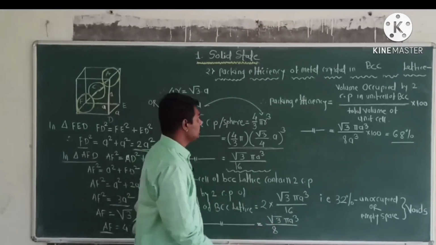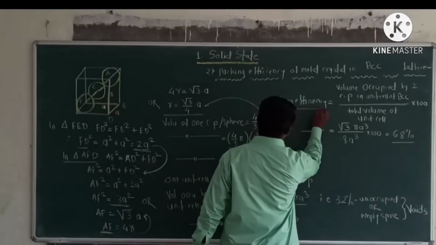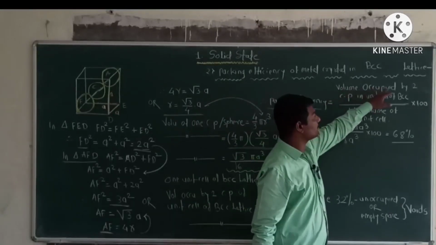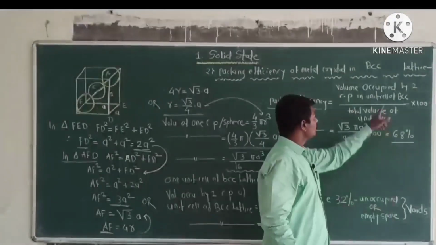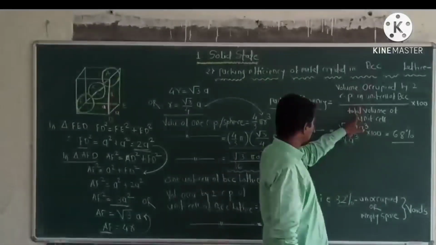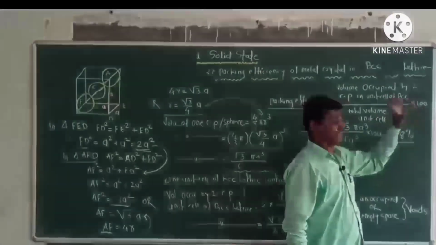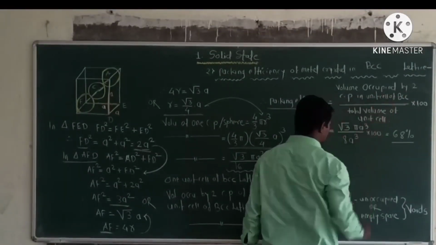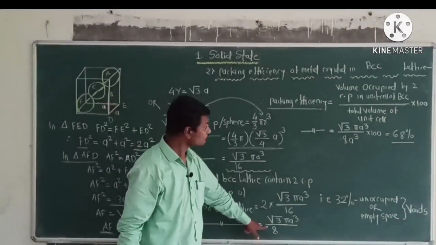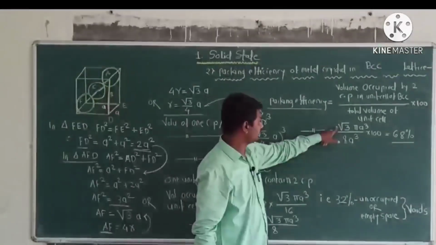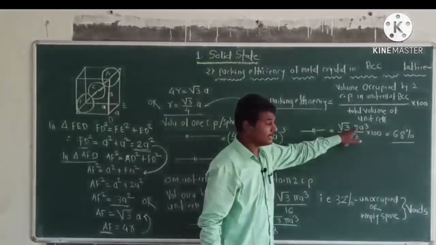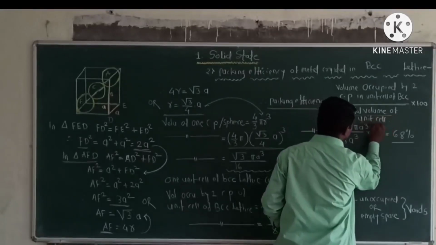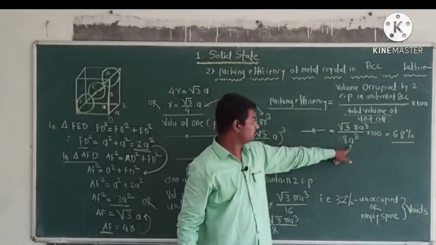Okay. Now therefore the packing efficiency in a BCC is equal to the volume occupied by the two constituent particles in a unit cell of a BCC divided by the total volume of the unit cell into 100. Put the value, root 3 into pi into a cube divided by 8, and the total volume of the unit cell is a cube, into 100.